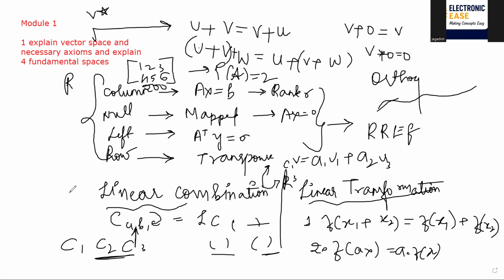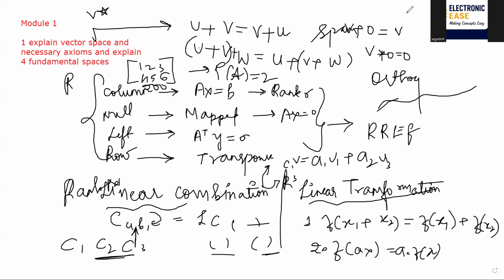Similarly for the rank nullity theorem, you will be finding out the rank of a matrix, and based on the rank you will be commenting whether the rank is correct or not.